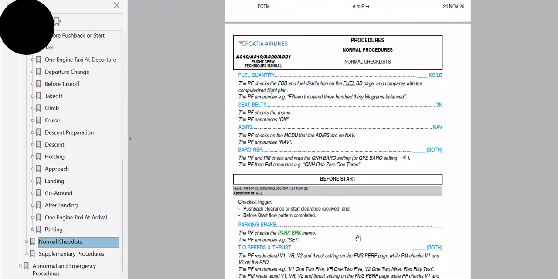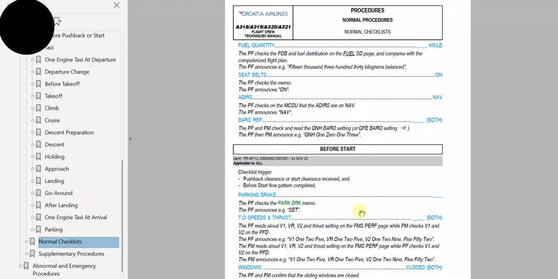For example, in the before start, when to call for the before start checklist: when the pushback clearance or start clearance is received, and the before start flow pattern is completed. And here you can see what you need to say, what you need to check. For example, takeoff speeds and thrust.